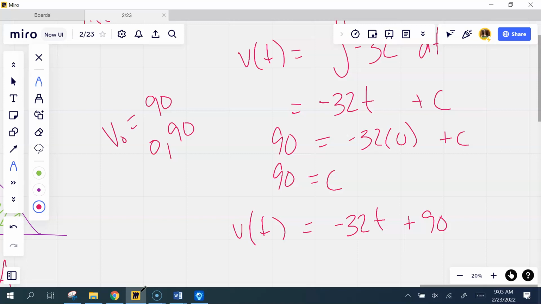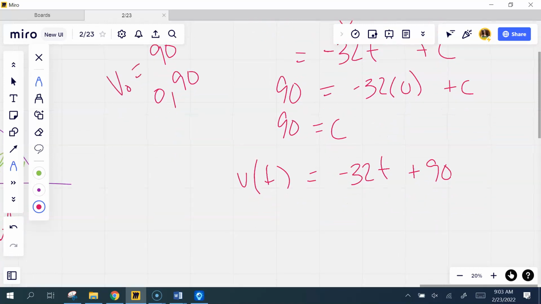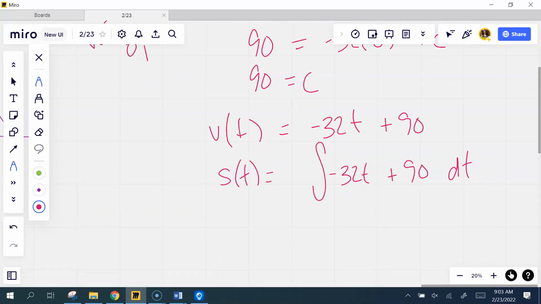Now you do position, that's right. And so now I go backwards again, and I integrate. You've got to have a plus c for all of them because they're not definite.